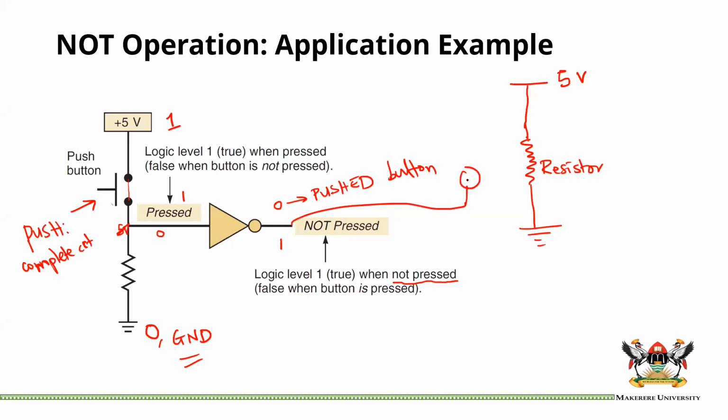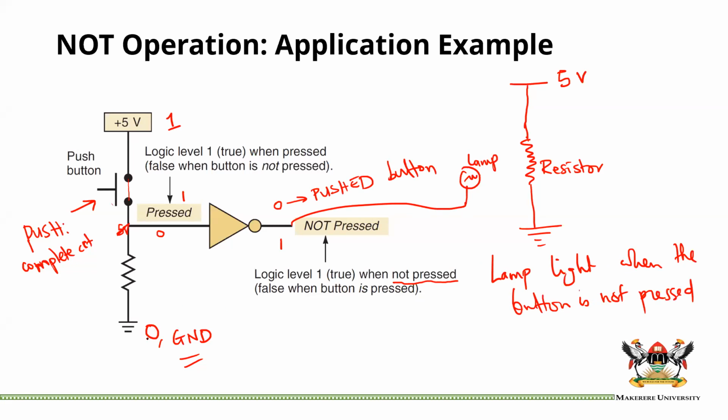or some type of lamp, and your lamp will light when the button is not pressed. When it is not pressed, remember this 0, that is not connected. So you have a 0 here from ground, and you have a 1 here, and this going into your lamp will mean it will light.